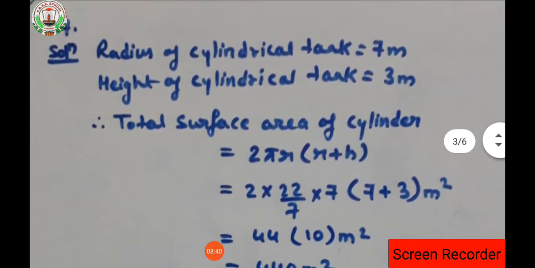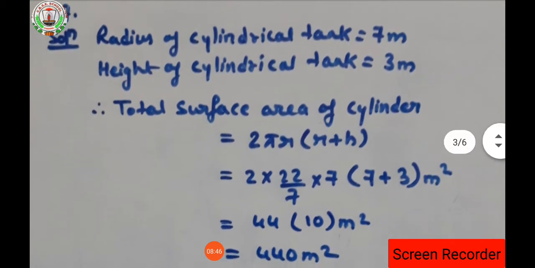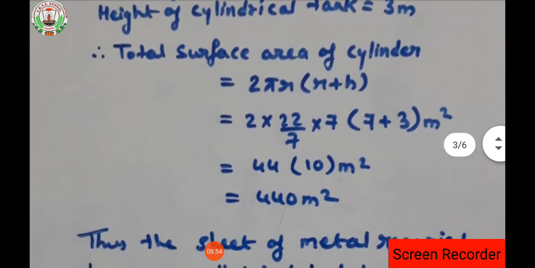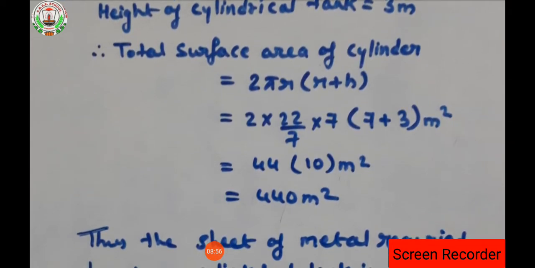In question number 7, here we have to find the metal sheet. How much metal sheet is required to form a cylindrical tank whose radius is 7 meter and height is 3 meter, given. So here we are talking about the total surface area of a cylinder, but in question number 6 we were talking about curved surface area.